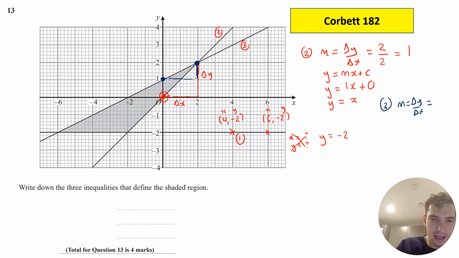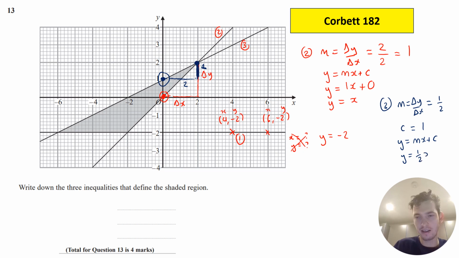My change in y here goes from 2 to 1, which is just 1. And my change in x is 2. So my gradient is 1 over 2. And my y-intercept, let's circle that, is 1. So y equals mx plus c. y equals a half x plus 1.